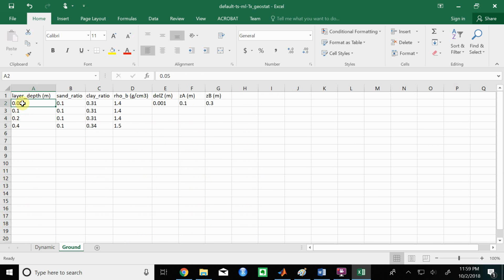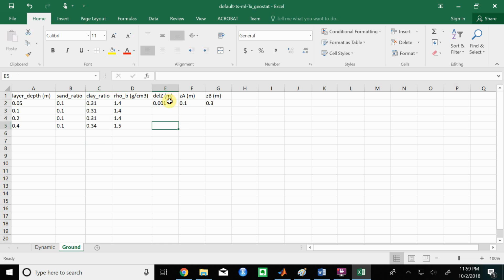So these values are shown right here, and these correspond to the 4 columns that we were showing on the previous page. For each of these values, we indicate the sand and clay ratio, as well as the bulk density for each of these different depths.